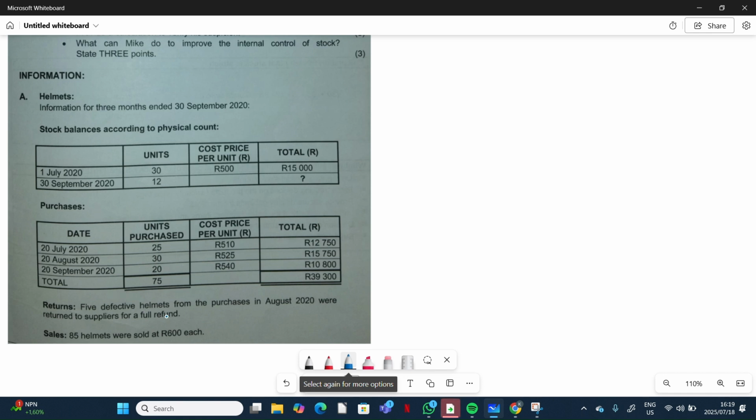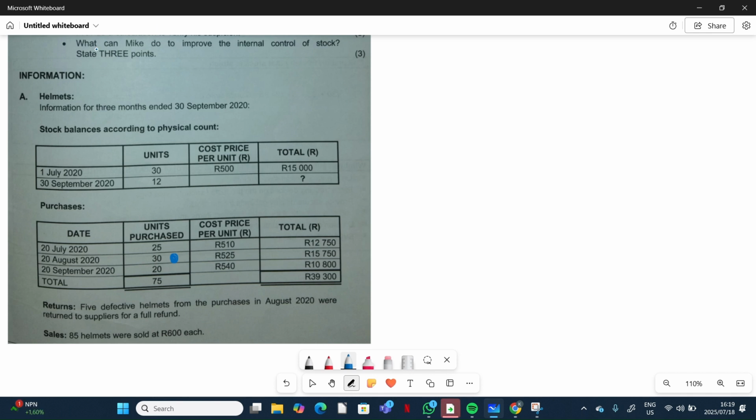They also tell us that 5 defective helmets from the purchases in August 2020 were returned to the supplier for a full refund. So for the purchases in August here, they returned 5 helmets. And then after that, they say that 85 helmets were sold at 600 rands each.